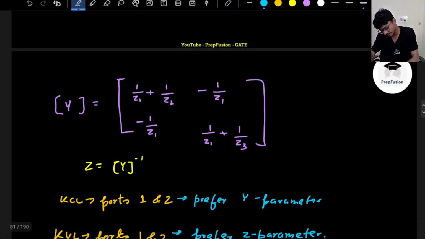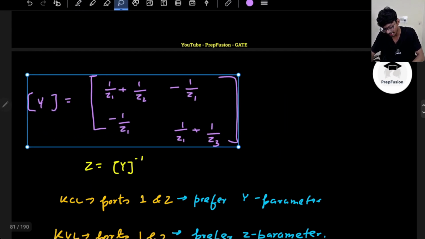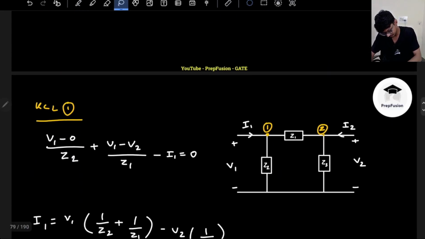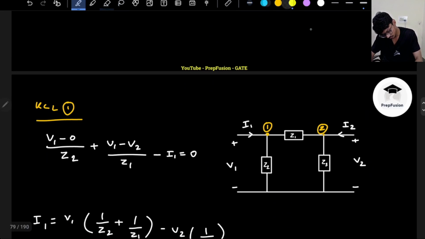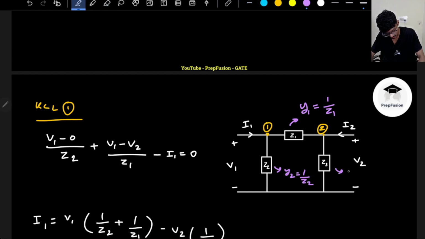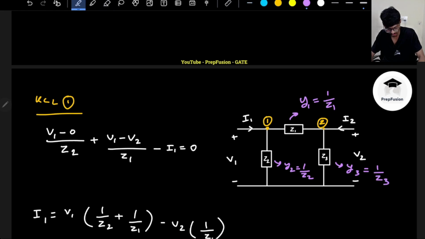Basically, this can also be rewritten in terms of admittances. y1 equals 1 by z1, y2 equals 1 by z2, y3 equals 1 by z3.